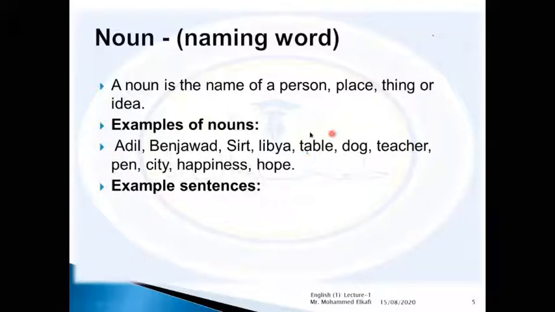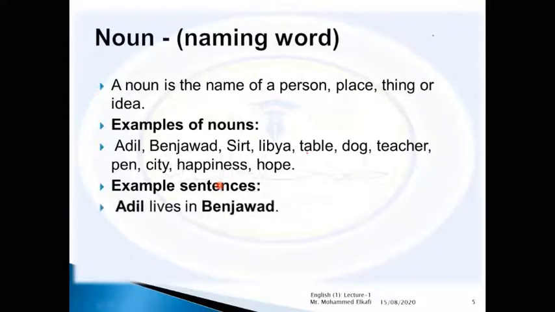Table, pen, car, and so on. Also a name of an animal, dog, cat, and so on. So here we think of even ideas having names. A noun can name even an idea, like happiness, hope, something like that.